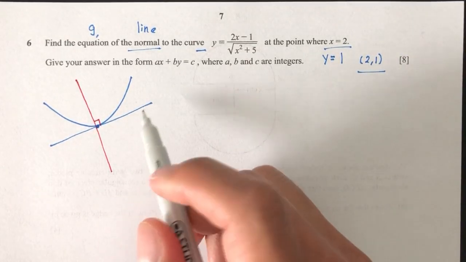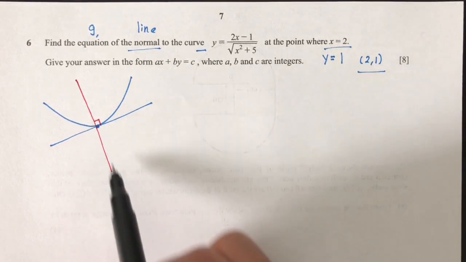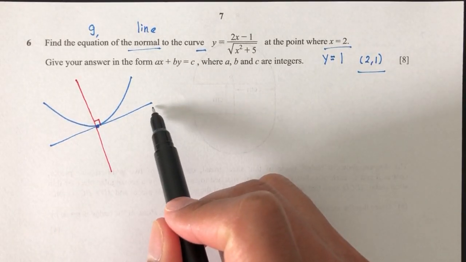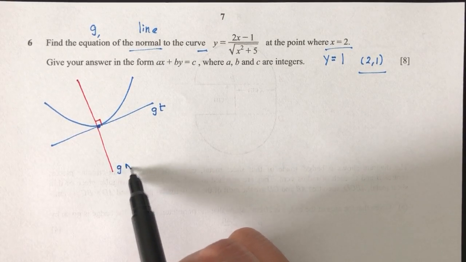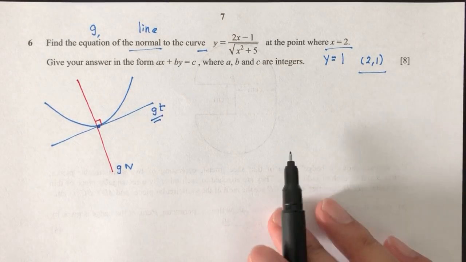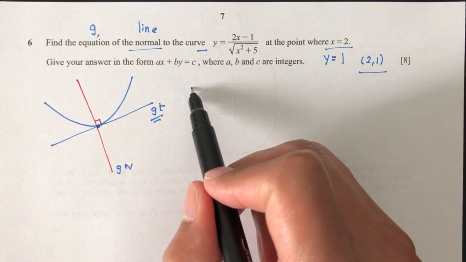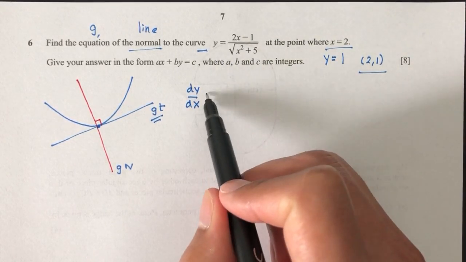So for us to be able to know the gradient of this line, we first have to find the gradient of the tangent, and then we can find the gradient of the normal. So for us to find this gradient, we have to know dy by dx. So let's do that. Let's find dy by dx for this equation.